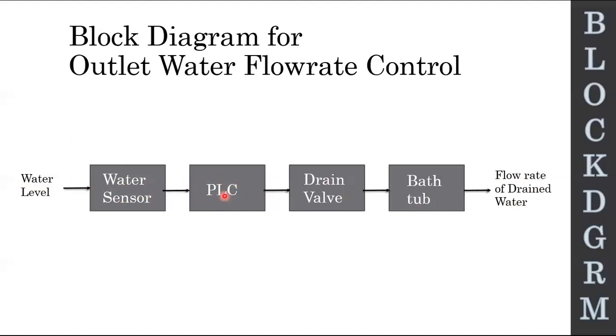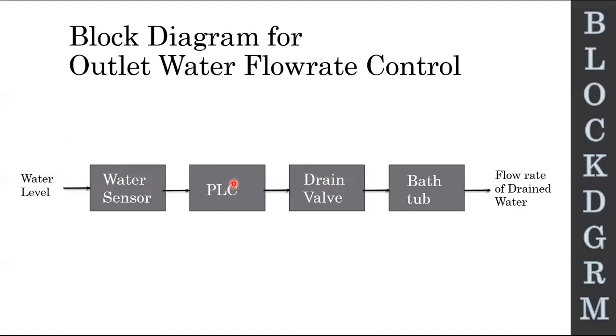Or mababa ba yun? Kasi sabi natin, pag mataas ang water level or increasing yung water level, mag-i-increase din yung flow rate. So, kung ang binibigay ni sensor is 12 inches, how will the PLC know kung pataas ba or pababa ba?